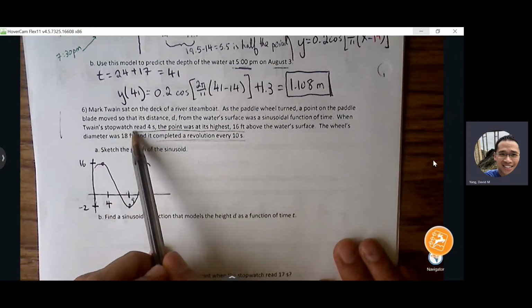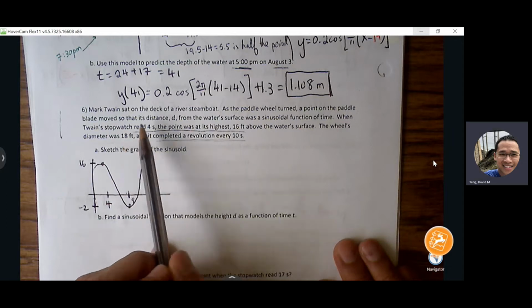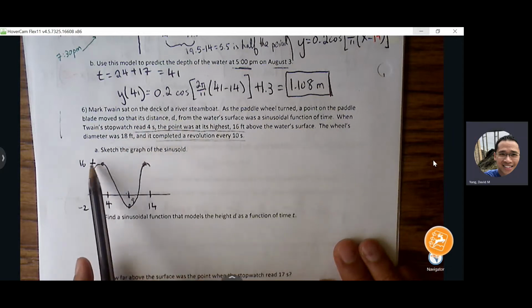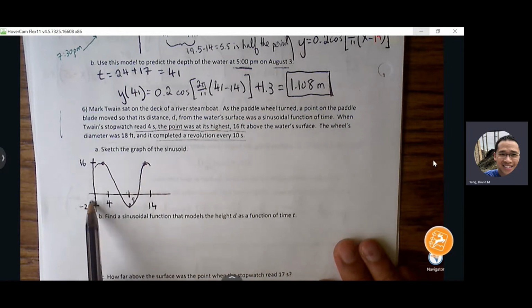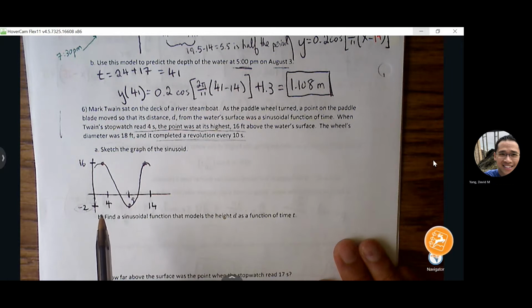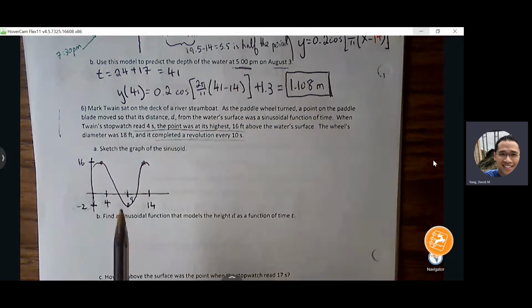Because the diameter is 18 feet, so if it's only hitting a max of 16, it's going to have to dig below the water to create that 18 feet of distance. And also the paddle will be underneath the water so that it can actually create the current and move the boat.